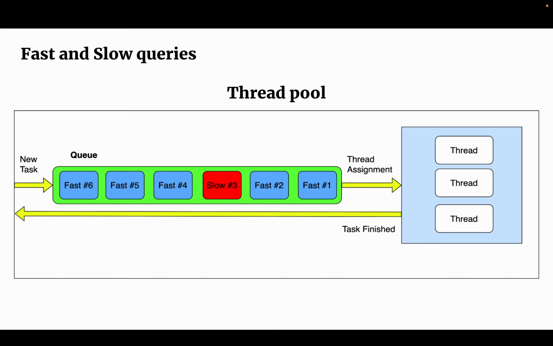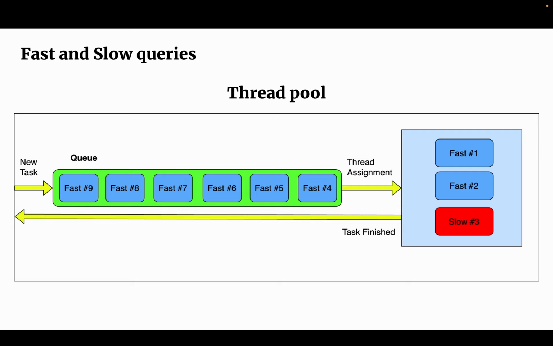Now let's explore how the thread pool model works when we have mixed queries, such as fast and slow queries. In this scenario, we have six tasks in our queue. The thread allocator assigns 3 tasks to available threads for execution. In this slide, you can see that a slow task is assigned to thread number 3.